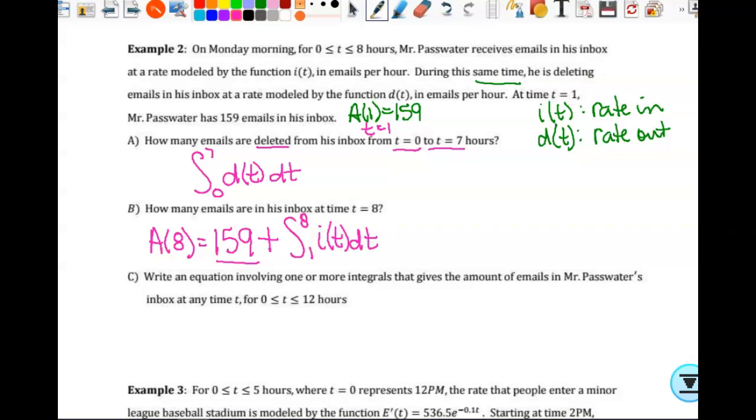Okay. And then we're going to subtract the integral. What are our limits of integration here? 1 to 8 of D of t dt. Okay. What questions you got?